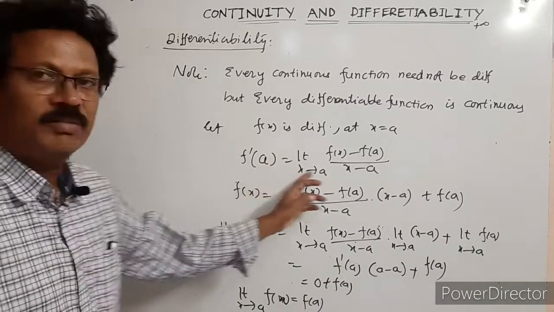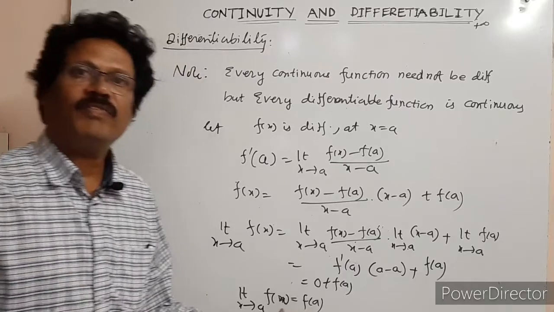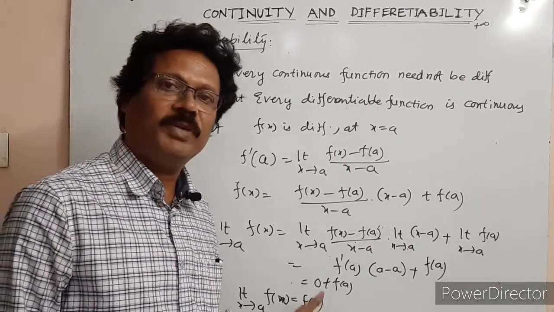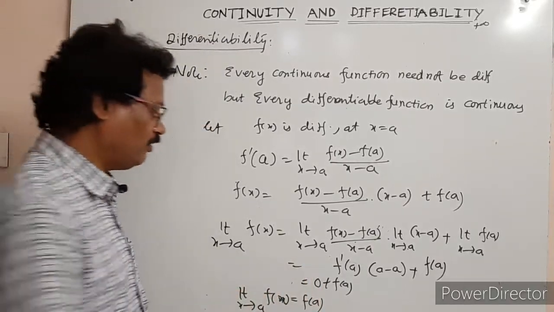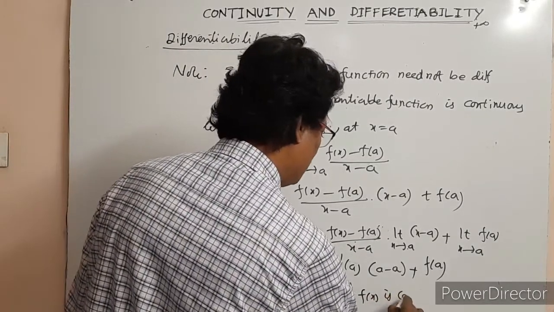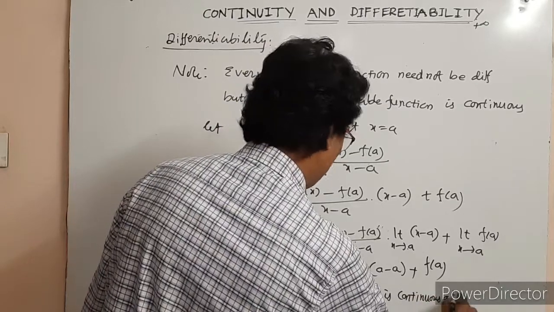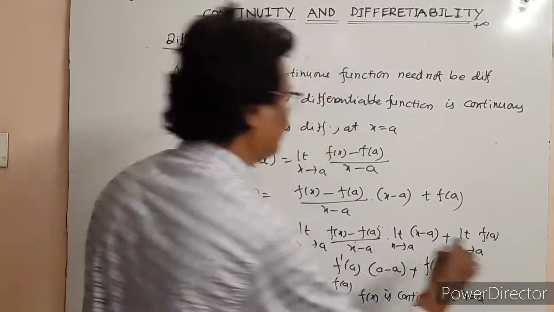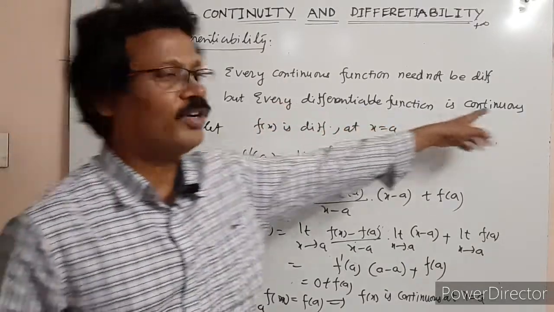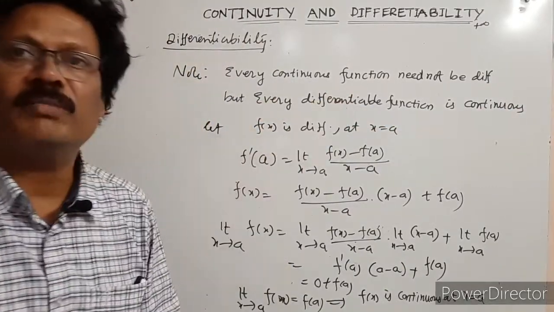By this differentiability, we got this limit is equal to f(a). Limit equal to f(a) means that the function is continuous. Therefore f(x) is continuous at x equal to a. That's why every differentiable function is continuous. But every continuous function need not be differentiable.